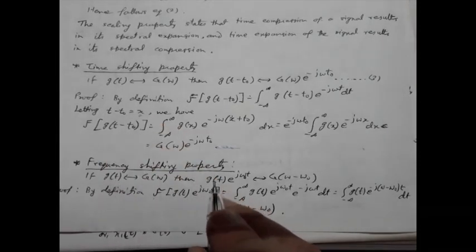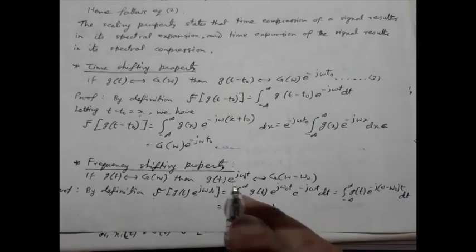Next is the frequency shifting property, just like the time shifting property. So if we change the phase in the time domain, g t multiplied by e to the power j omega 0 t, that means we have changed the phase of g t, then in the Fourier domain that will be reflected by a change of frequency, G omega minus omega 0.